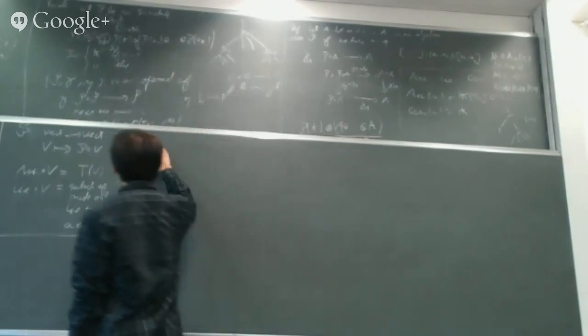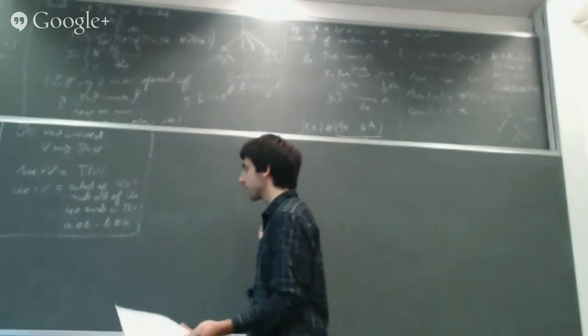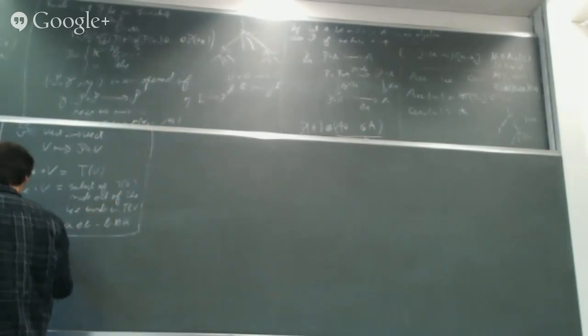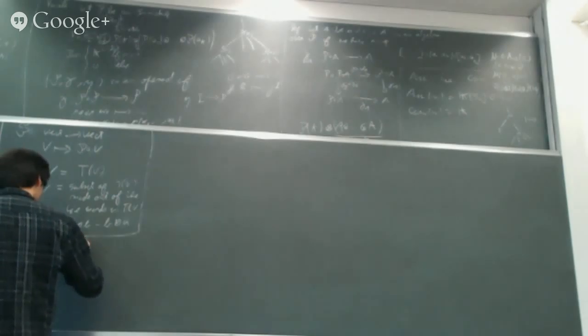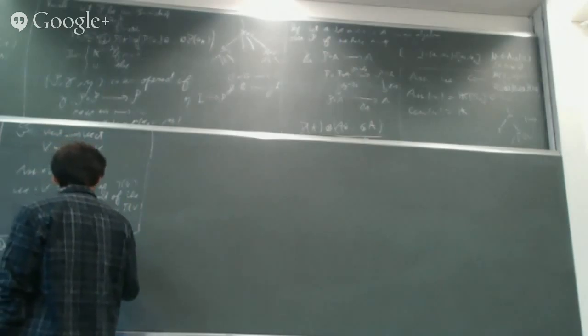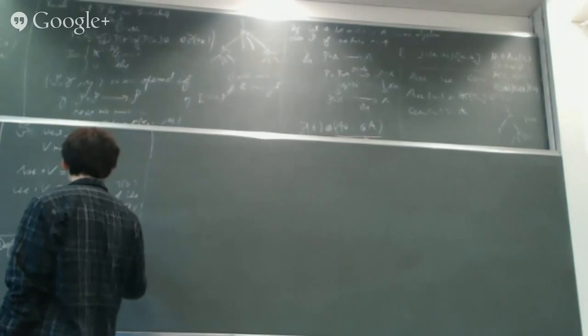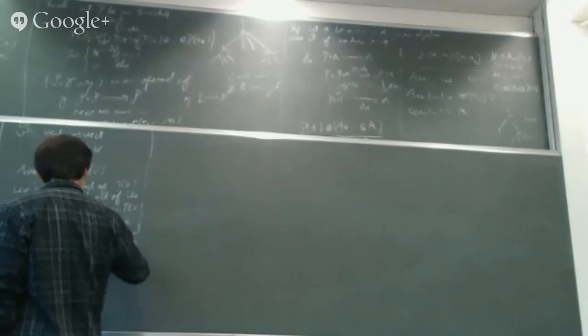Now also, an important notion we need is the notion of operadic morphism. Operads form a category, and we will define what the morphism is. Let P and Q be operads.